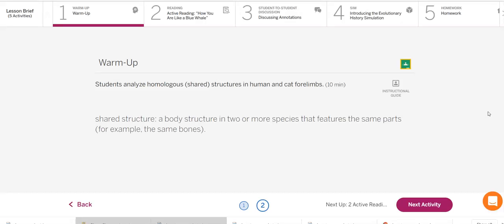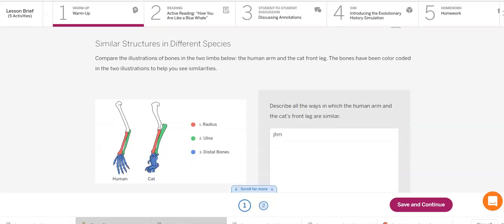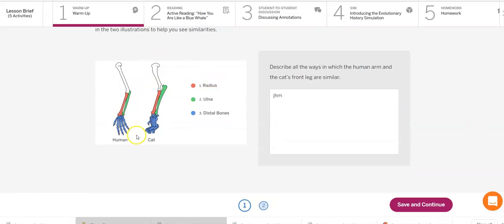But it can get even weirder than that, and shared structures can actually be in parts of different species that you would never have thought to compare. If we go back, you are going to do this warm-up, but I want to touch base with it. Right here you have the human hand as well as the cat hand, and as you can see, they've highlighted different things.